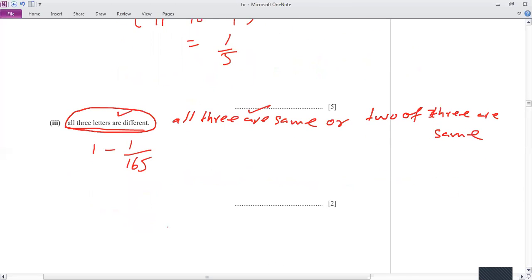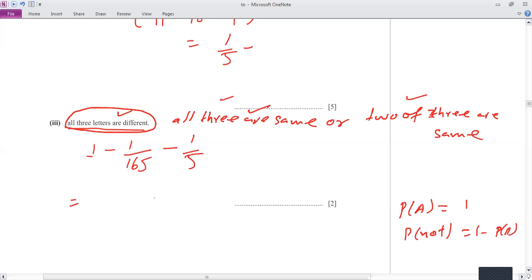Now, if for example I say the probability of A is 1, then the probability of not A will be 1 minus the probability of A. The total probability is always 1. The situation all three same is 1 over 165, and we also found the probability for 2 of the 3 same, which is 1 over 5. So I will subtract 1 over 5. Because every possibility other than all three same will be this one.